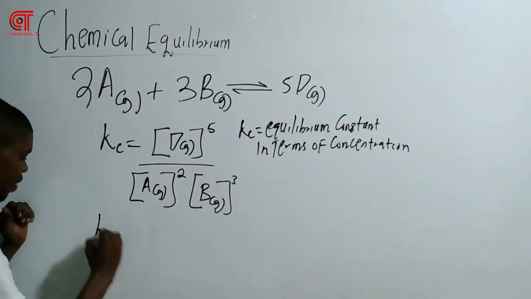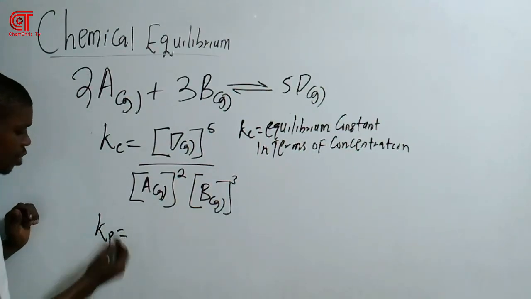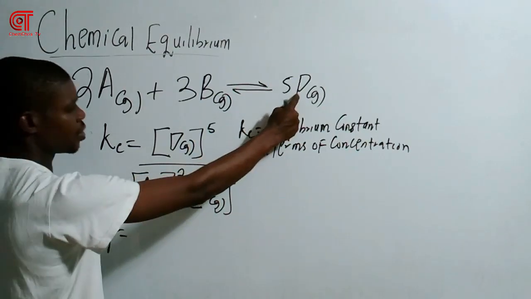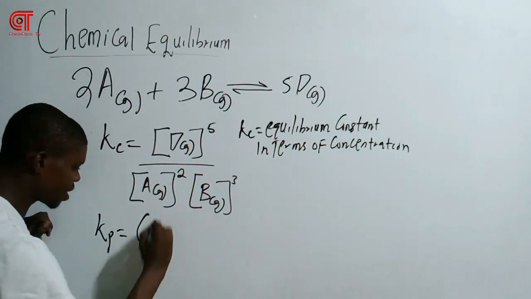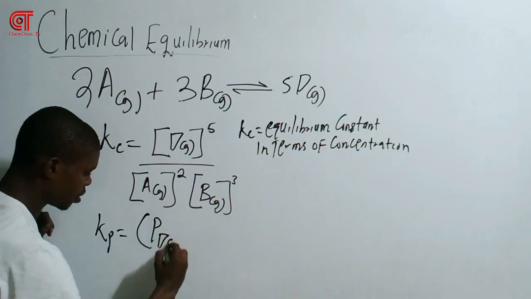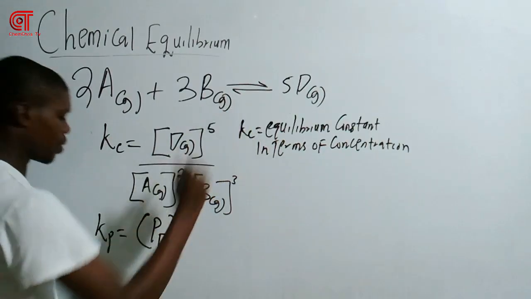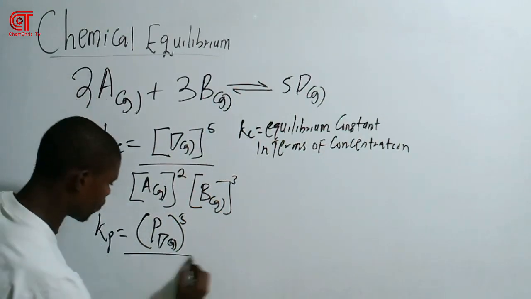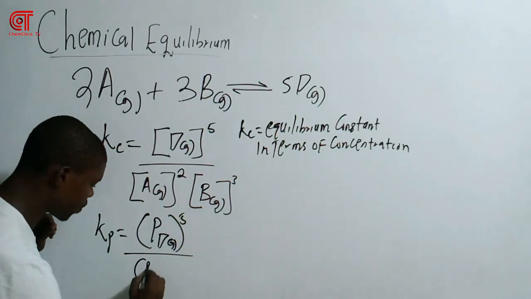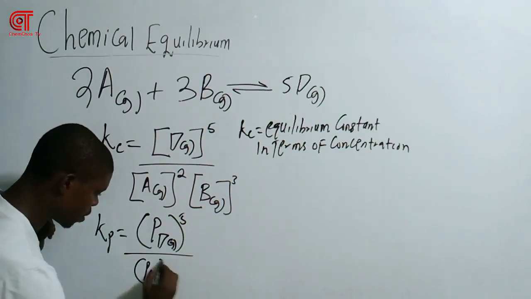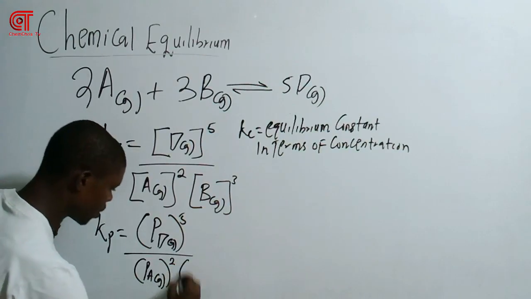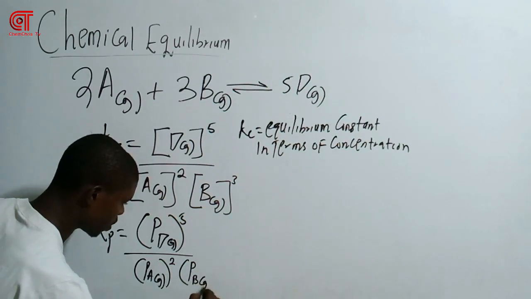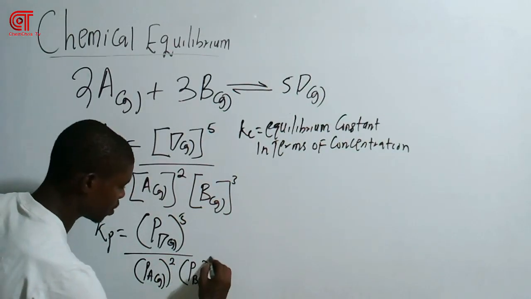So if you want to get it here, we have Kp equals to what? Now we are using pressure. So the partial pressure for D gas raised by 5 over partial pressure for A raised by 2, then partial pressure for B raised by 3.